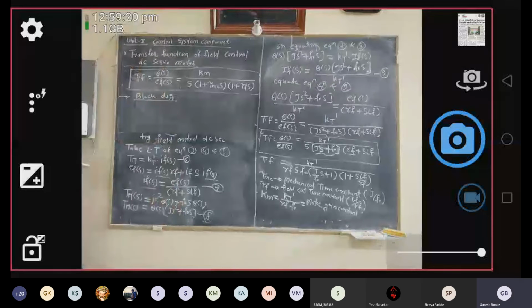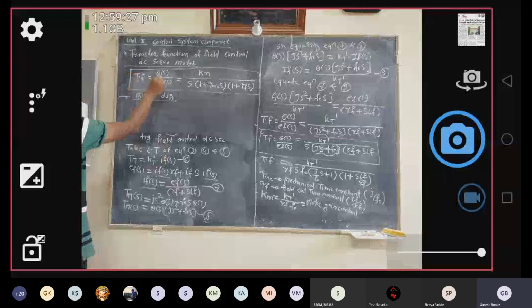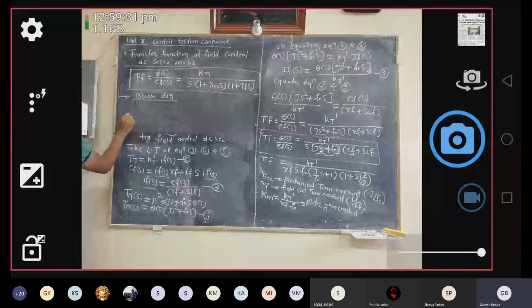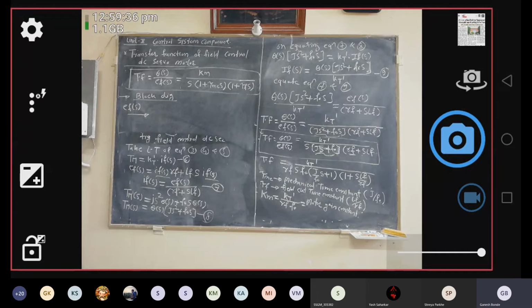Which expression are we going to use here? Transfer function gives us the relation between input and output. We want the relation between EF and theta of S. Naturally the input to the system is EF of S. So try to find the relation between EF of S and IF of S. Use equation number 7. Equation 7 gives you the relation between EF of S and IF of S.